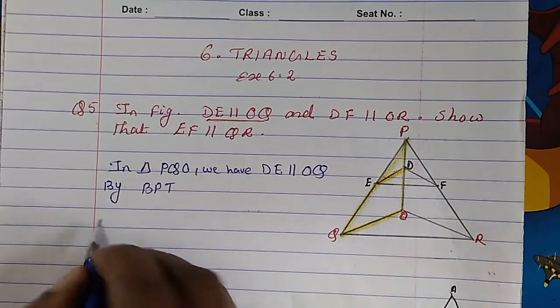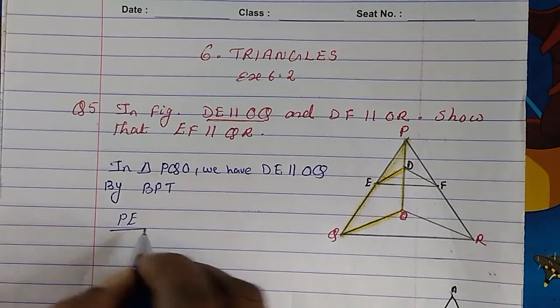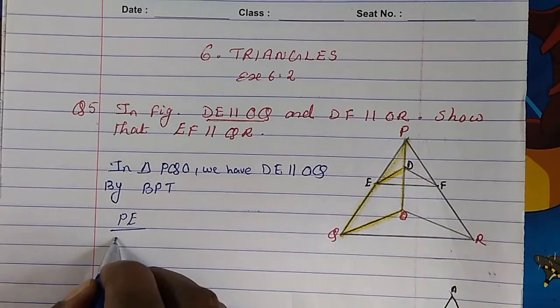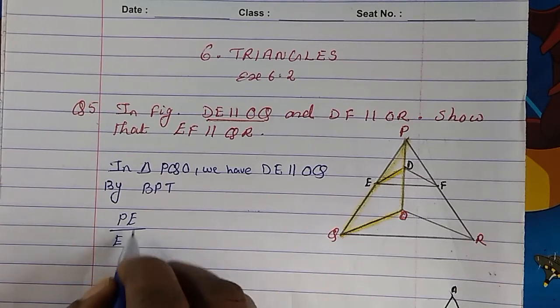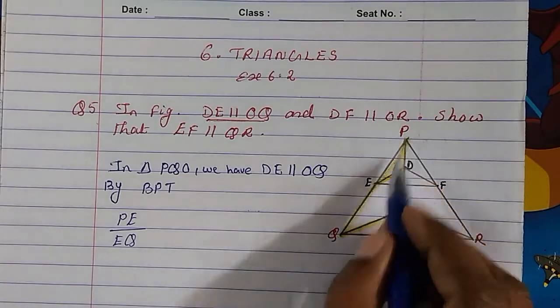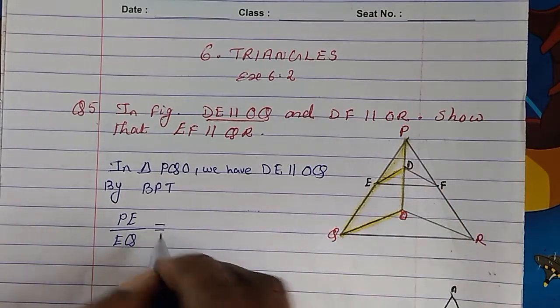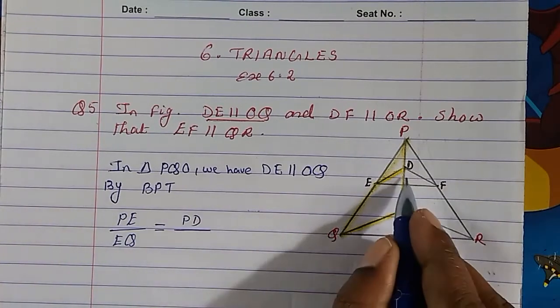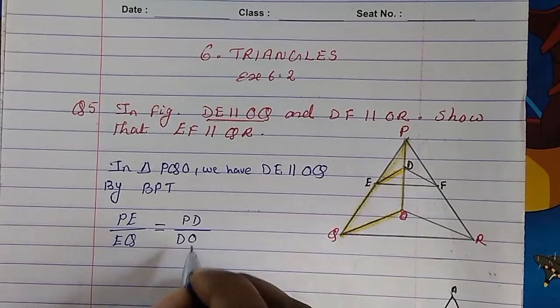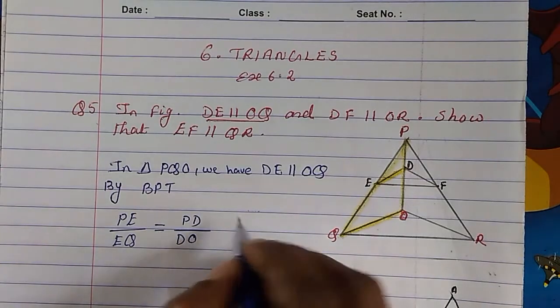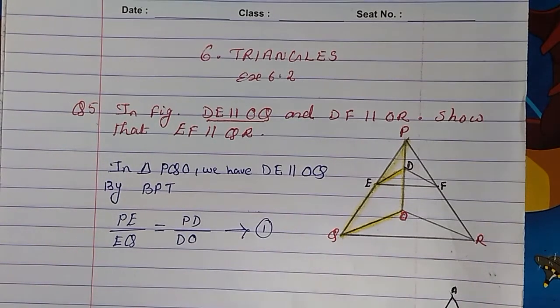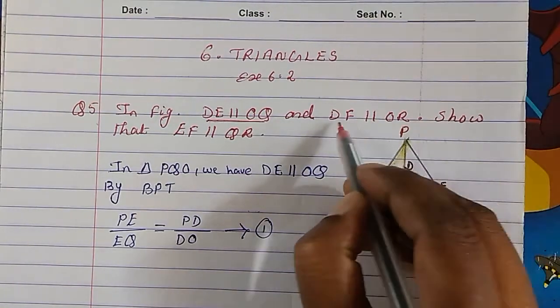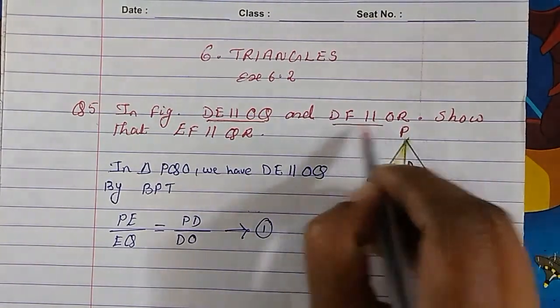So PE upon EQ will be equal to PD upon DO. We keep this as equation 1. Now the next one. What is given to us next? DF is parallel to OR.